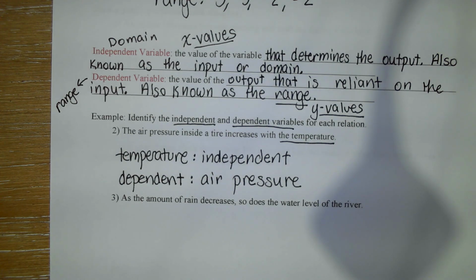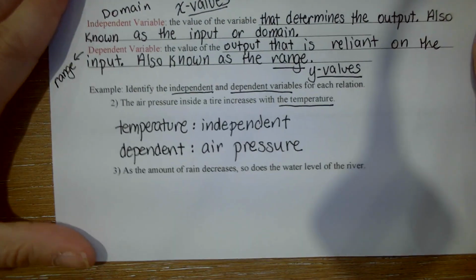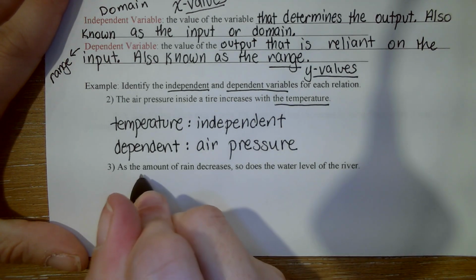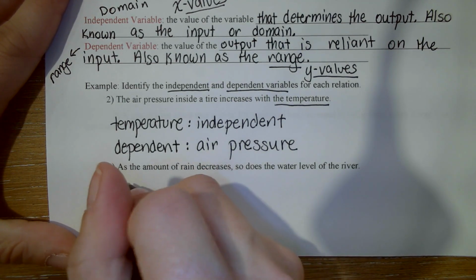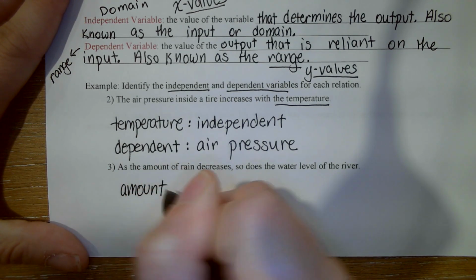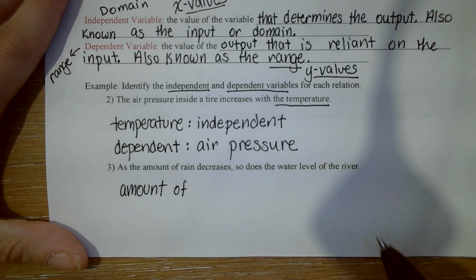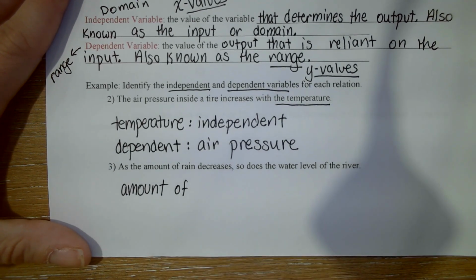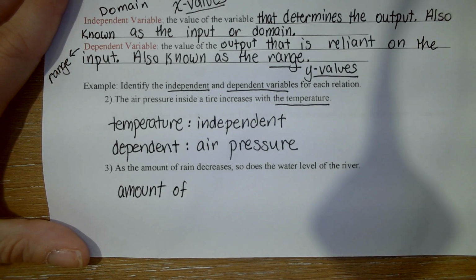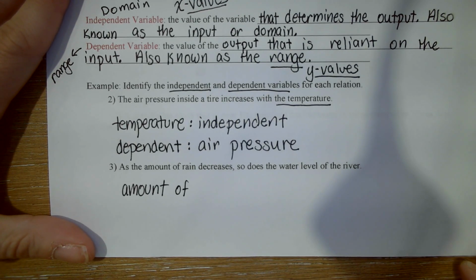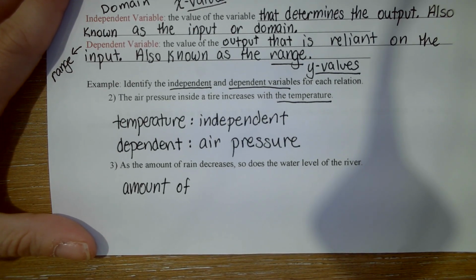Well, as the amount of rain decreases, so does the water level of the river. So what is changing? The amount of rain. That is going to determine the water level of the river. The water level of the river does not determine how much rain falls. It's not like Mother Nature looks down and is like, oh, that river is pretty full, so I'm not going to rain today. It doesn't work that way.